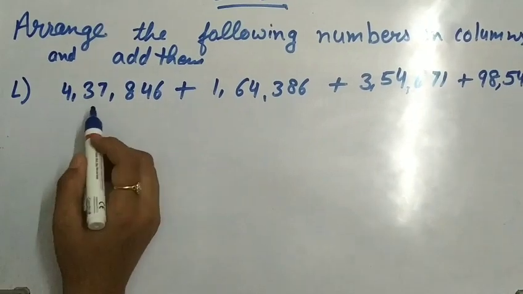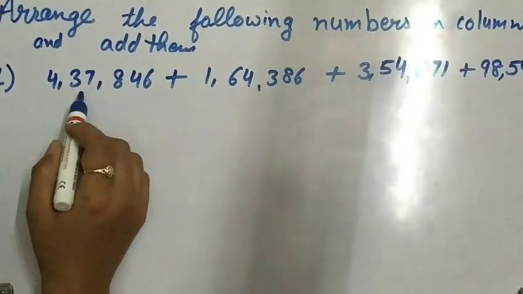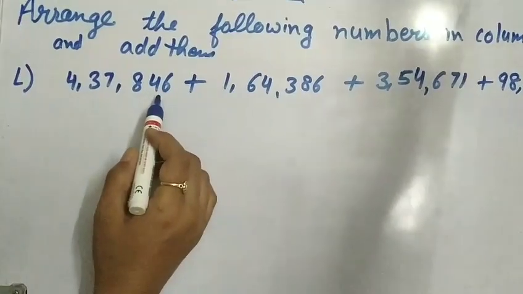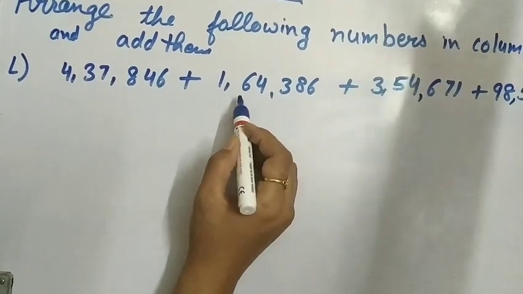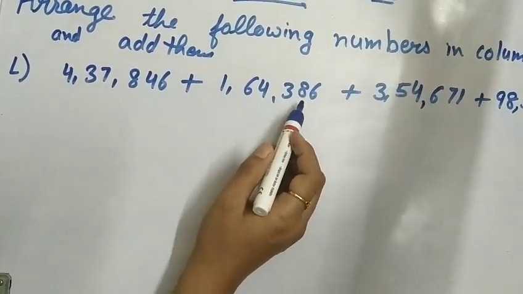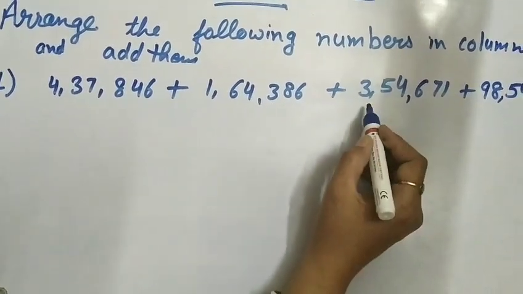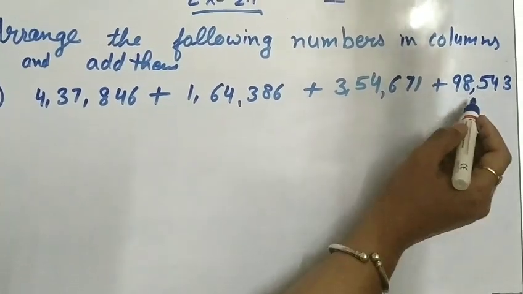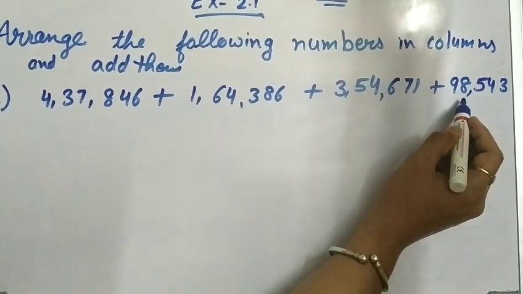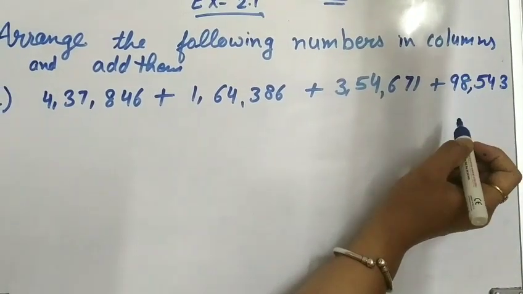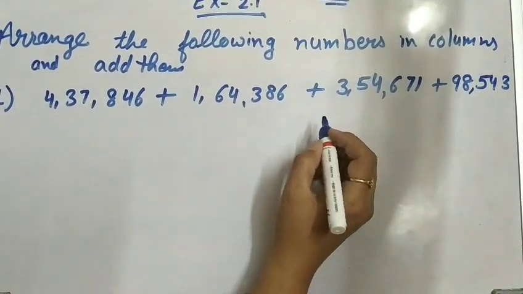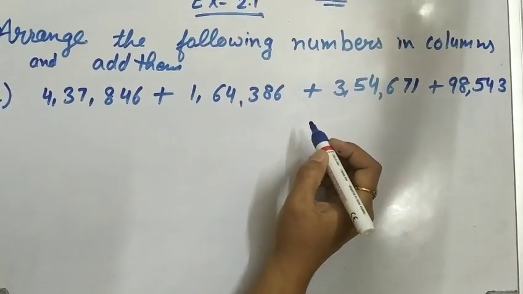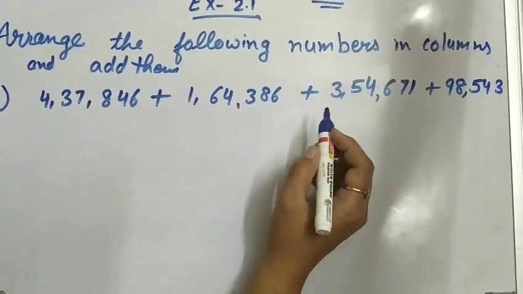The numbers are 4,37,846 and 1,64,386, 3,54,671, and last 98,543. Firstly, we will make columns according to the place value chart.